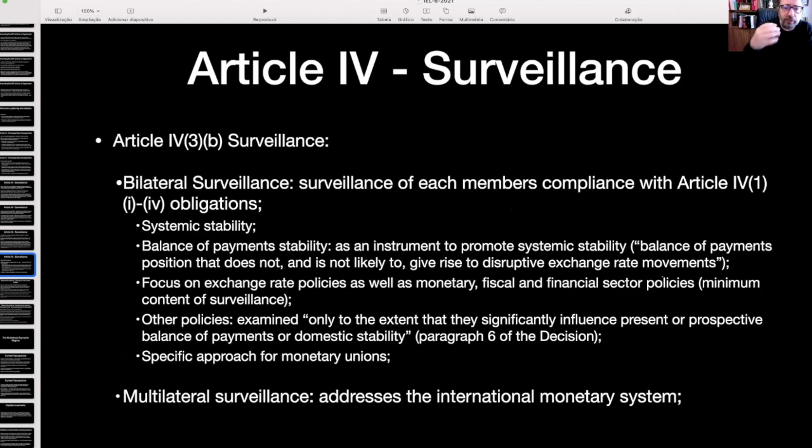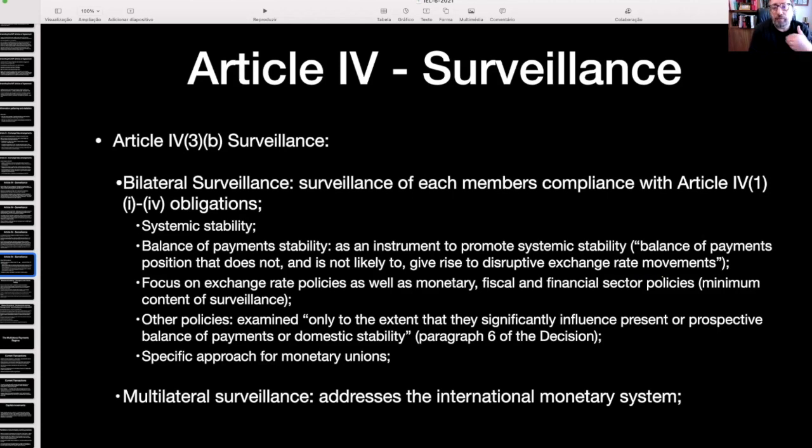So bilateral surveillance is surveillance where the IMF goes to each of the members in turn, and they all get a review. The most important ones get a yearly or biannual review. Less important members will get probably a review once every 5 years or something like that.